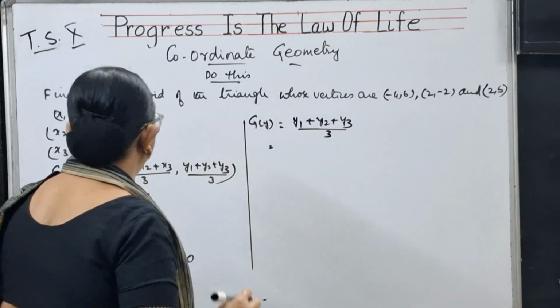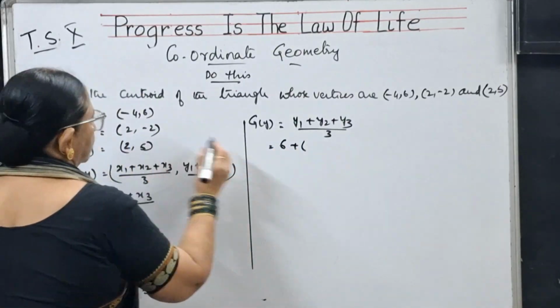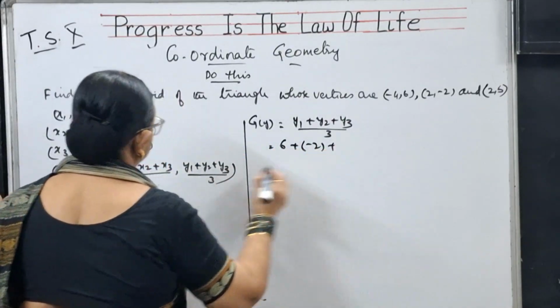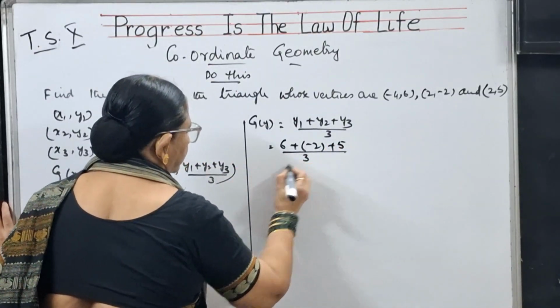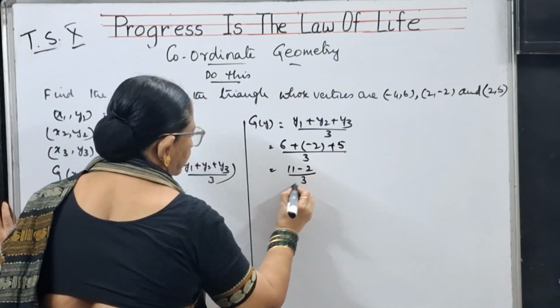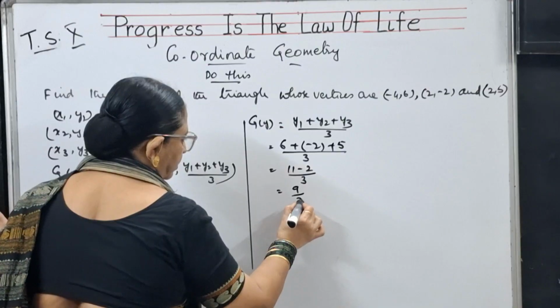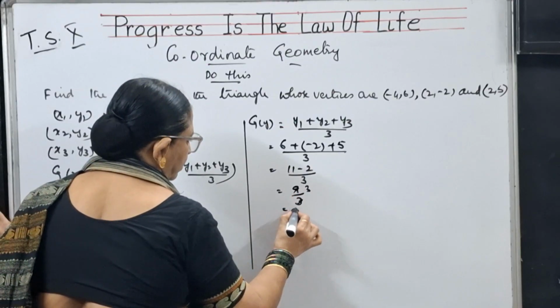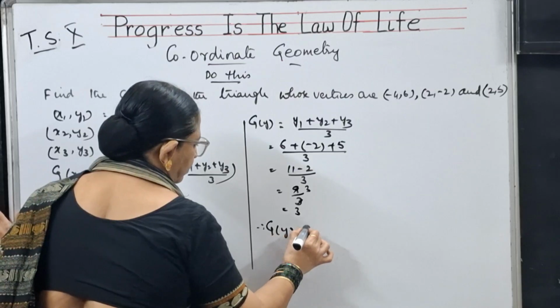So what is y1? 6, plus y2 is minus 2, plus y3 is 5, by 3. That is 6 plus 5, 11, minus 2, by 3. That is 9 by 3. 3 ones are 3, 3 threes are 9. So this is 3. Therefore, G of y is equal to 3.